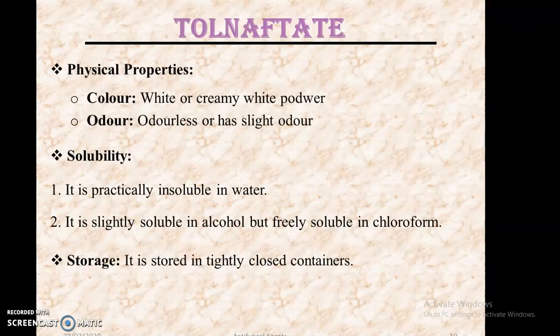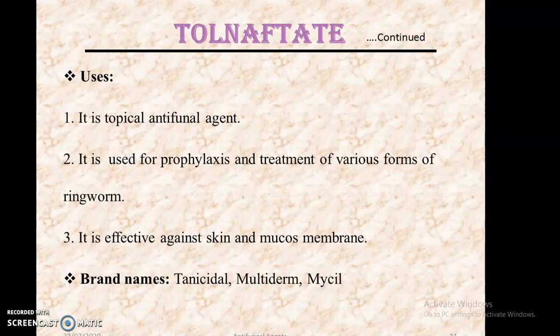Second example is Tolnaftate. Tolnaftate is a white or creamy white powder which is odorless or has a slight odor. It is practically insoluble in water, slightly soluble in alcohol and freely soluble in chloroform. It is also stored in tightly closed containers.